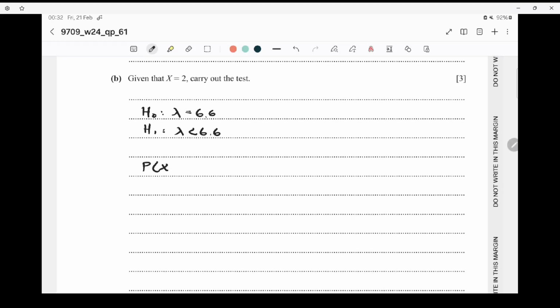We previously calculated this is 0.04, which is smaller than 0.05. This is a one-tailed test because you want to test whether or not it decreases. Therefore, we have enough evidence to reject the null hypothesis.